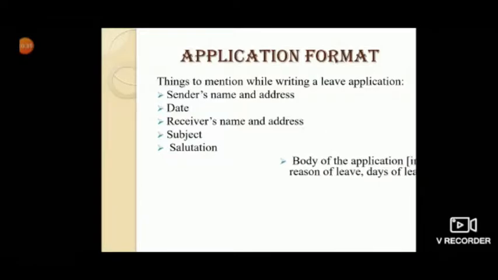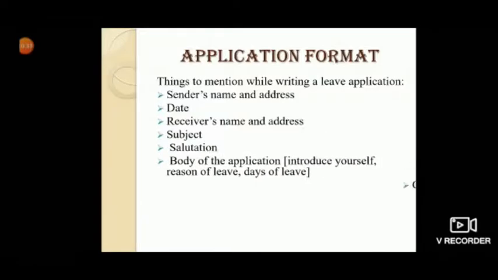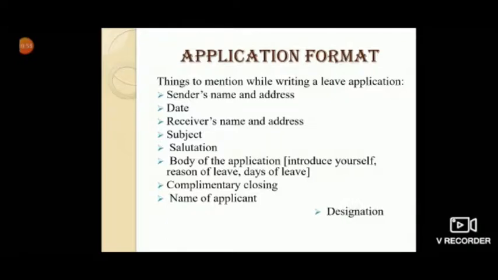Next, body of the application. Introduction of the applicant, reason of leave, days of leave, then complimentary closing, then name of the applicant, then designation of the applicant. To make the application format more clear, we will read a sample application.